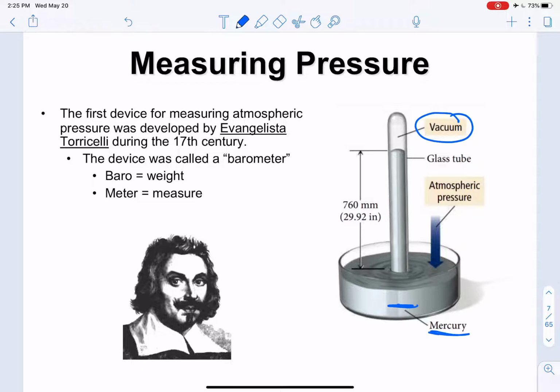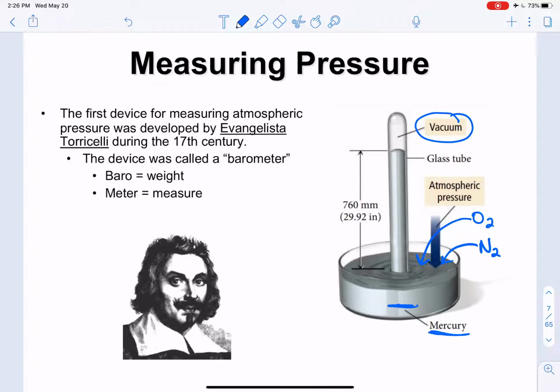It's a vacuum. And what happens is our air molecules, so our O2 and our N2 and our argon, and because we live in Riverside, we've got all kinds of other crapola in our air, are hitting the top of that mercury in the dish. It's hitting that surface area. It's putting a force against it.